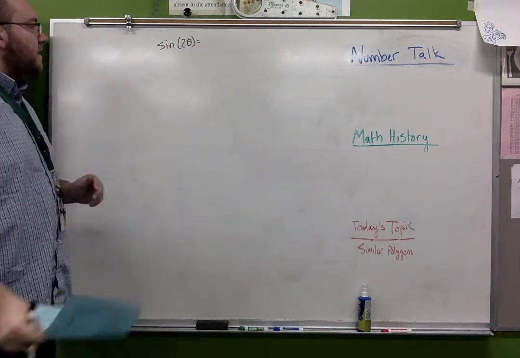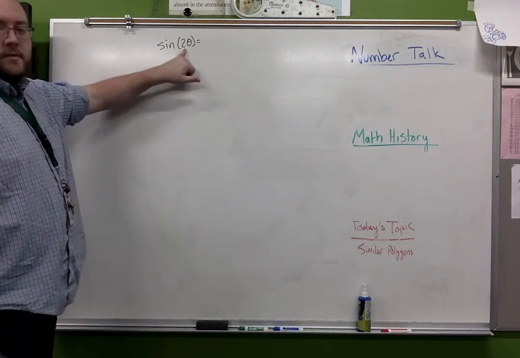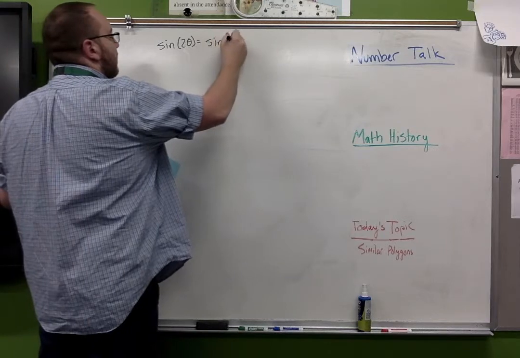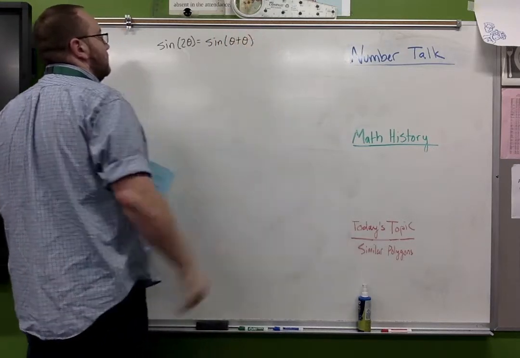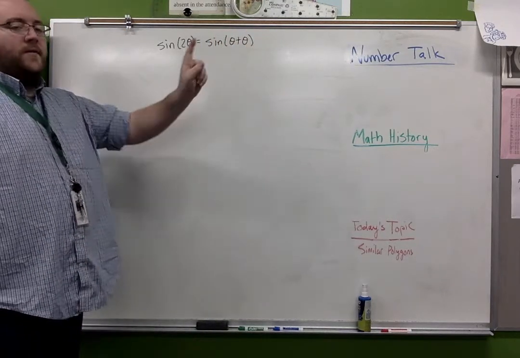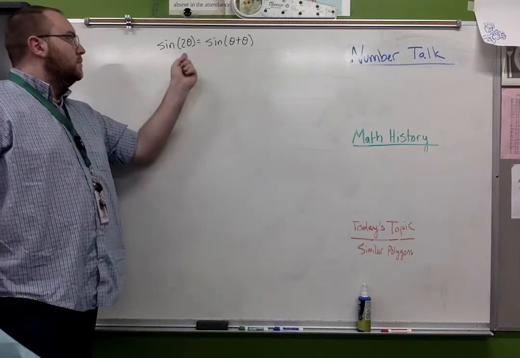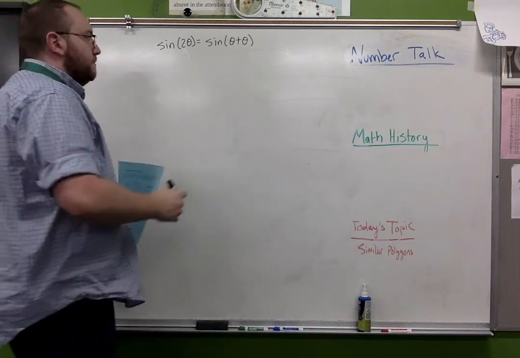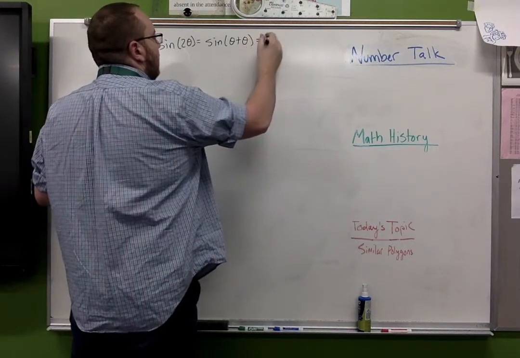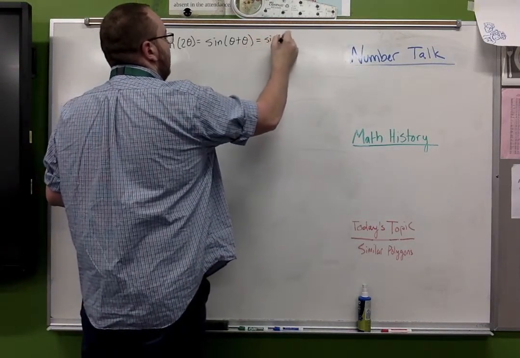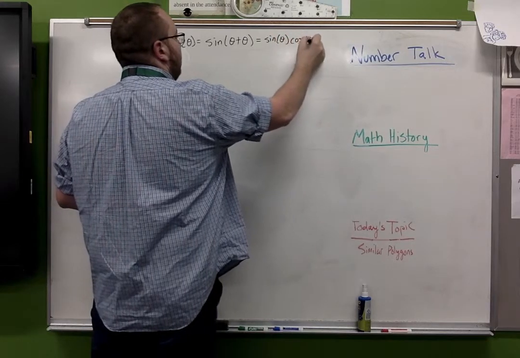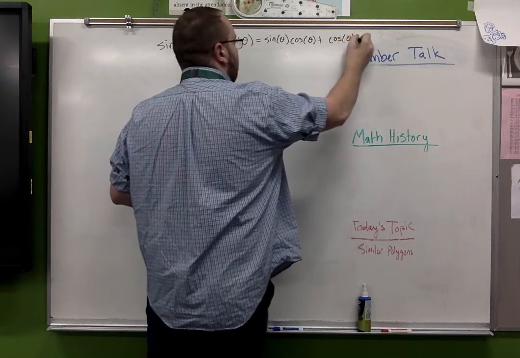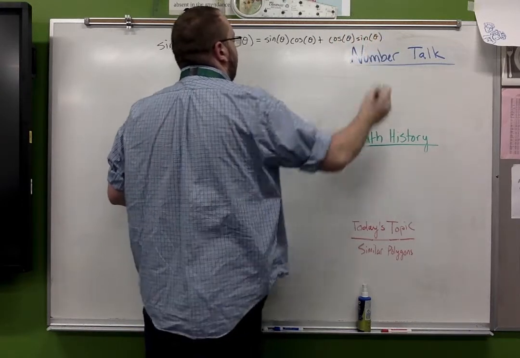This is called a double angle identity because you have an angle and you double it, right, times 2. Well, sine of 2 theta is equal to sine of theta plus theta, right? If you have 1 theta and then add another one, you have 2. So theta plus theta. Now there's an identity called the angle sum identity. And this is going to be sine of theta times cosine of theta plus cosine of theta times sine of theta.